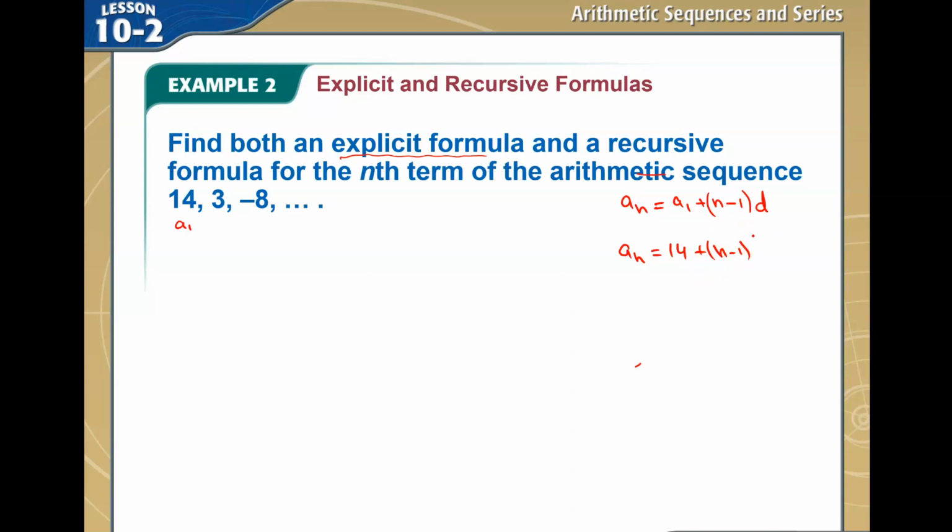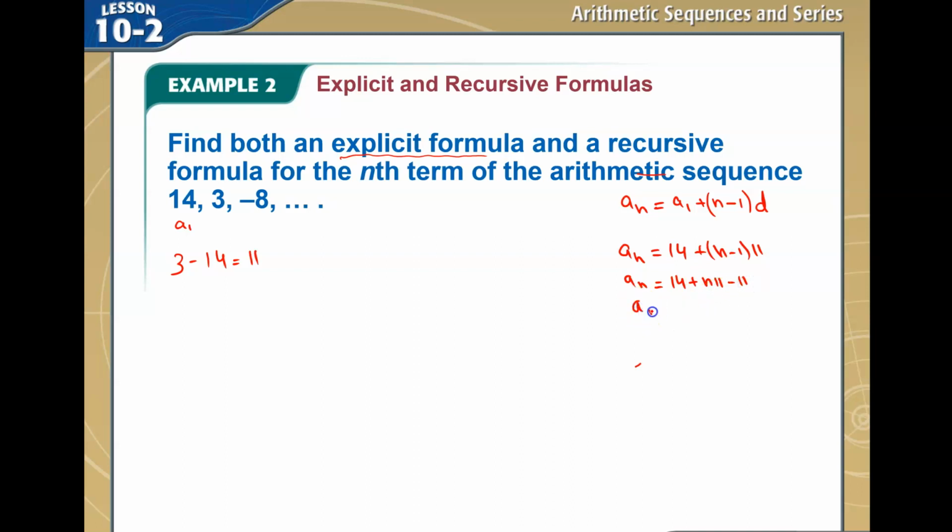D is the common difference between two consecutive terms, so it's going to be 3 minus 14, and it's going to be 11. So 11 right here. Now let's simplify. An equals 14 plus, distributing the 11, n times 11 minus 11.